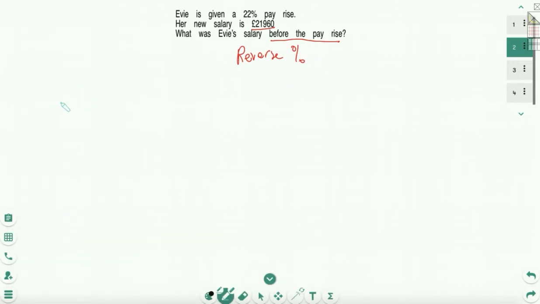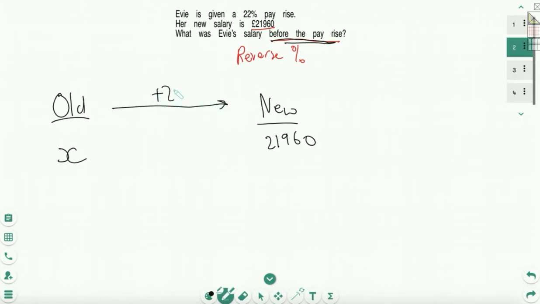So we have her old salary and her new salary. Her new salary is £21,960. We're trying to find her salary before the rise. So we're trying to find her old salary. And we know she's been given a 22% increase. All right.